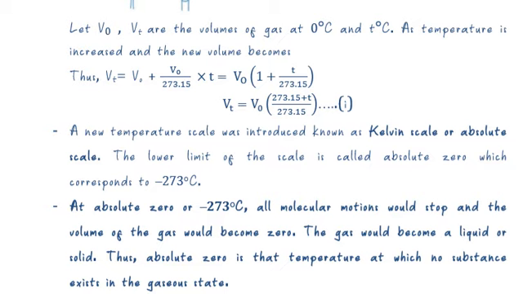The gas would become a liquid or solid. Thus, absolute zero is that temperature at which no substance exists in the gaseous state. Remember everyone, what is absolute zero? Absolute zero is that temperature at which no substance exists in the gaseous state.